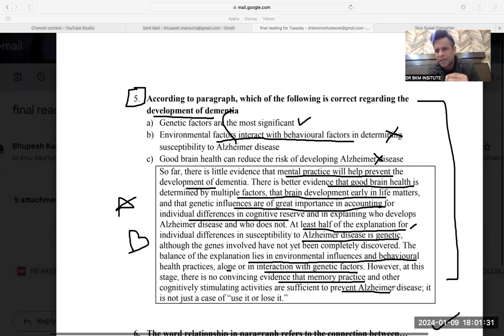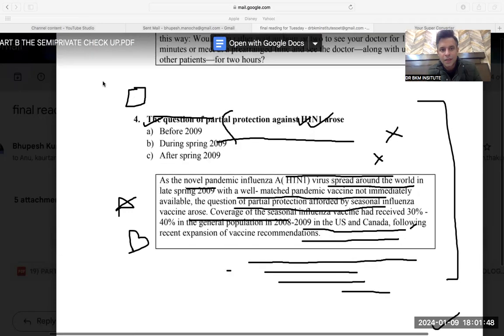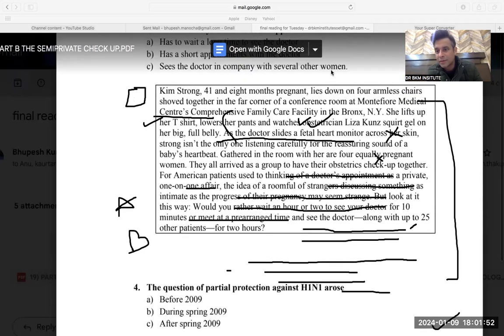So they were saying good brain health or memory practice will not decrease Alzheimer's disease. It is the genetic factors. So ultimately, even in this difficult question, if I had done it last, maybe I would have done this, or maybe in the third question, at least one would have been correct.